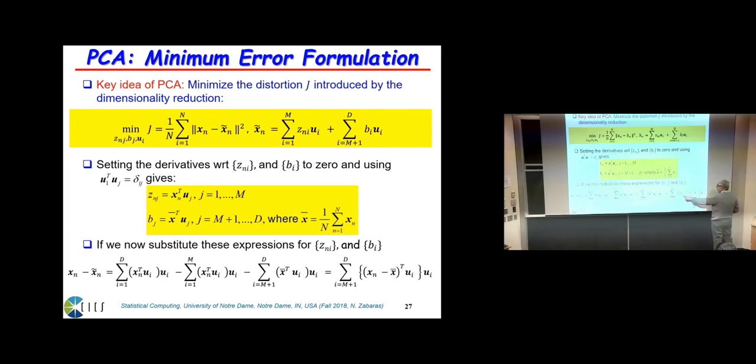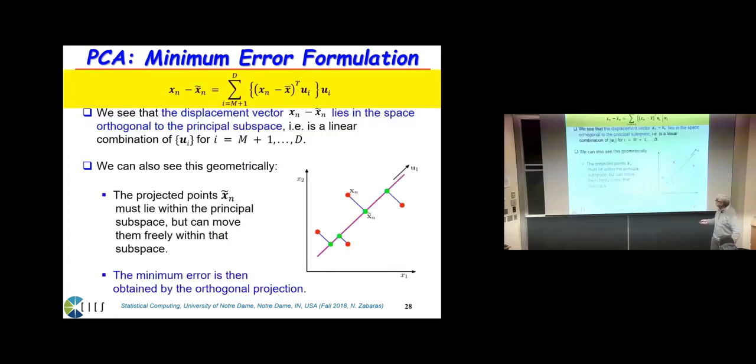So remember, for writing the error, it comes out from the algebra that these projections are x_n minus x-bar on each of the vectors u_i. You could have guessed this because if you try to minimize the errors, you have to take orthogonal projections, okay?